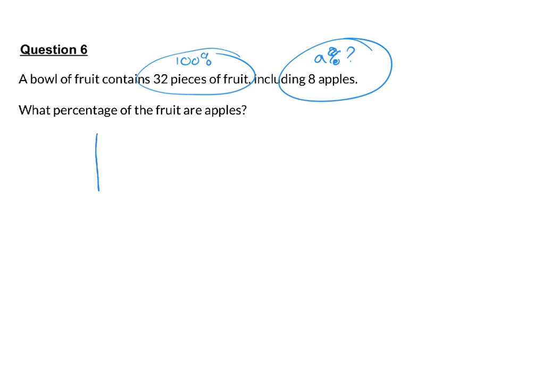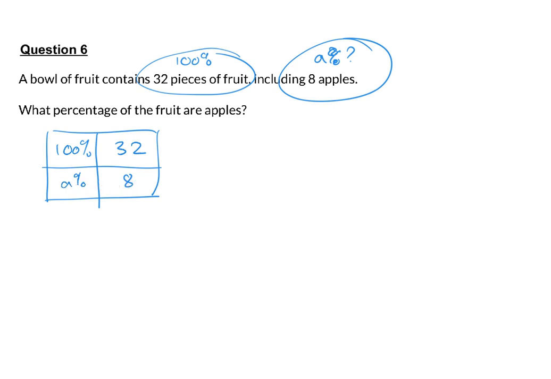I'm going to do this with the proportionality table. I like these because they're quite clear in terms of what you are lining up. 100%. 100% is my 32 pieces of fruit. There are 8 apples. So A is my percentage I'm trying to find. Notice with this, the 100% and the 32 line up. The percentages are lined up as well.